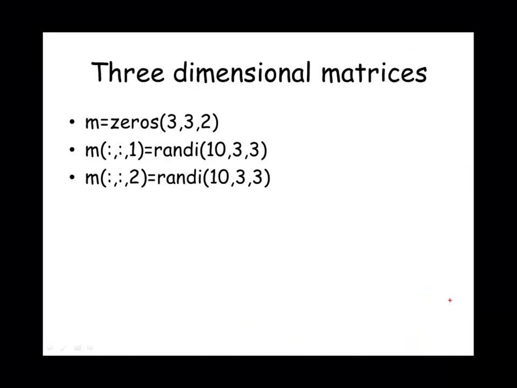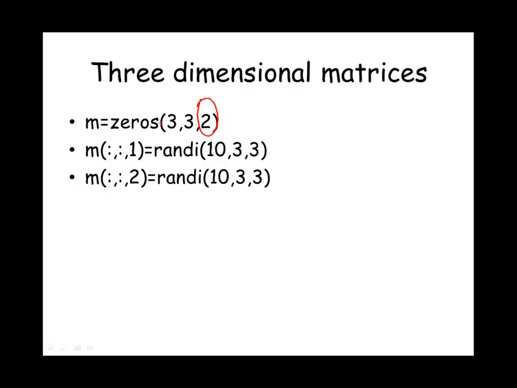So far, when we talked about matrices in MATLAB, we talked about them as two-dimensional matrices. But you can also have three-dimensional matrices in MATLAB. The way to think about three-dimensional matrices is to think about the third dimension as the number of pages in a book.